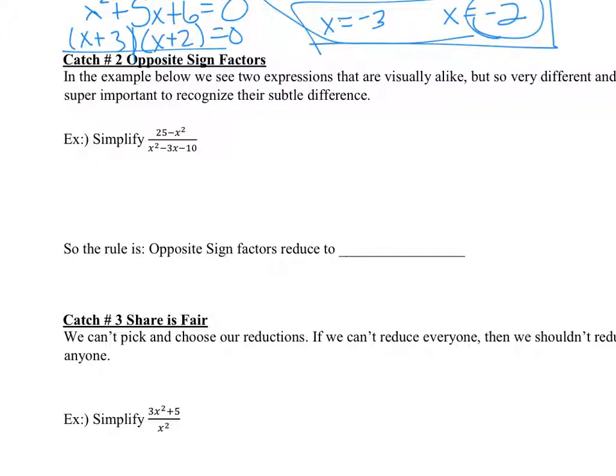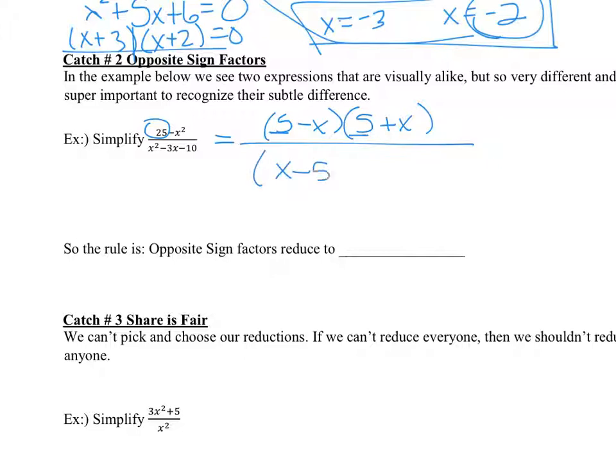Okay, opposite sign factors. So what this means is when you have, say I factor this, and we factor it correctly, okay, the 25 is first, so make sure the 5 goes first here. And we factor the bottom. You'll notice that these look so close.